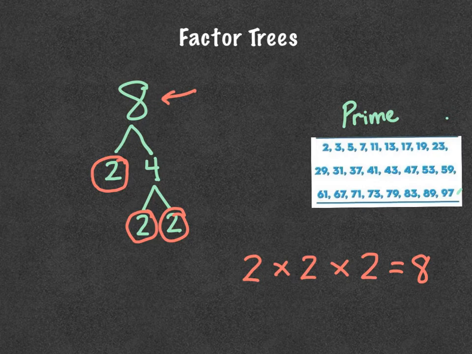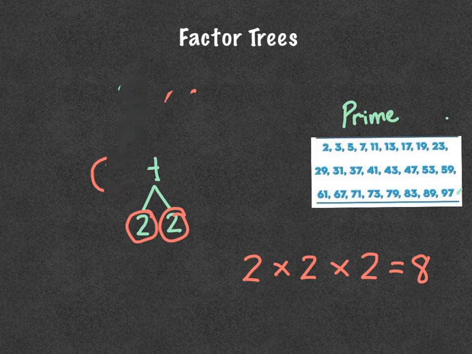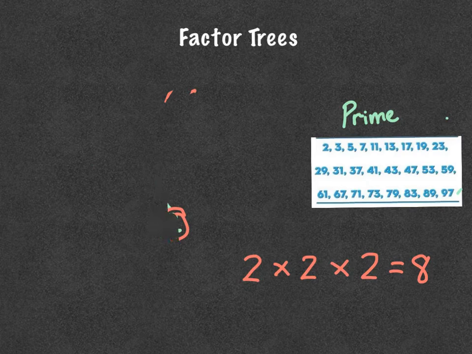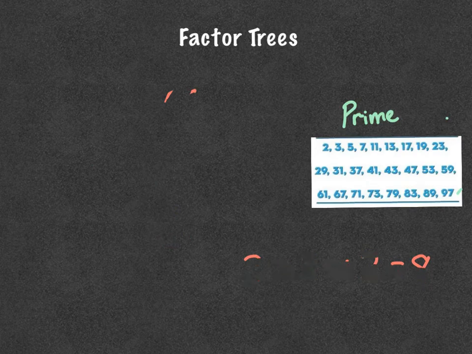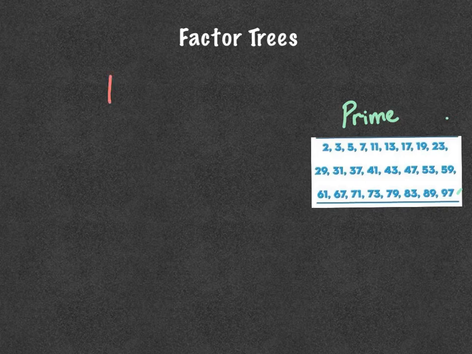Okay, so it may be helpful for us to see our prime set. So let me erase these guys. We're going to do a bigger number this time. Let's go with 16. So 16 would be 2 times 8.